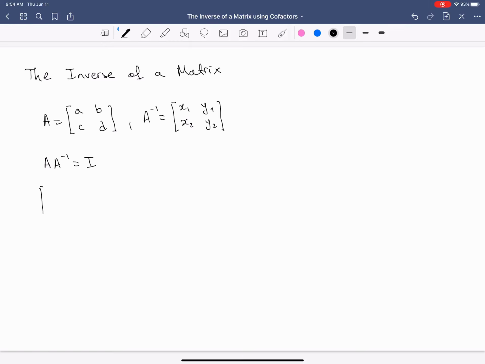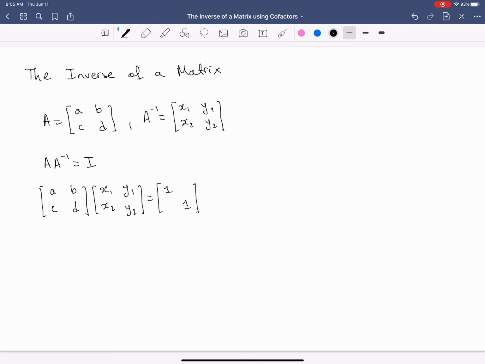So I want to write this equation with matrices a, b, c, d times x1, x2, y1, y2 equals the identity, which is this matrix, right? Remember, we know a, b, c, d. We're trying to find x1, x2, y1, y2.